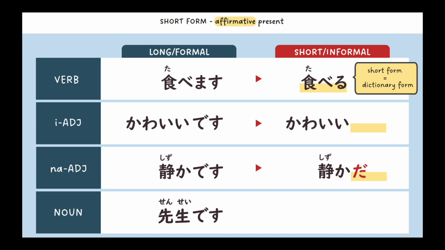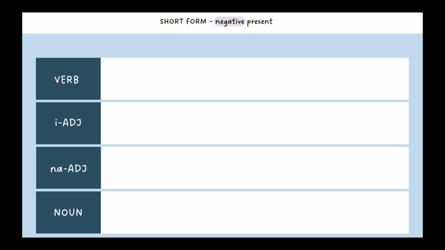So the short form of 静かです is 静かだ. Same for nouns. We replace です with da to create the short form. So the short form of 先生です is 先生だ.